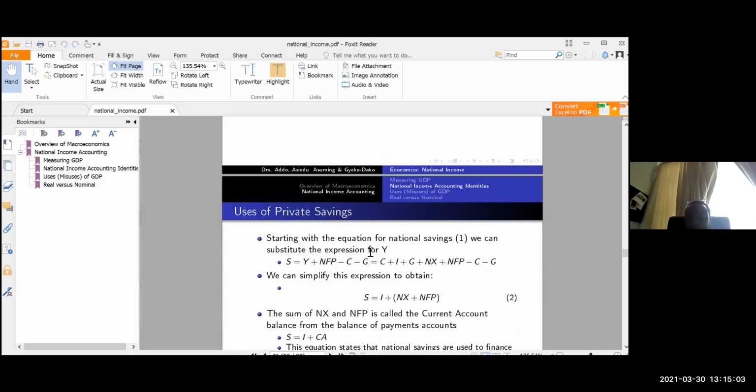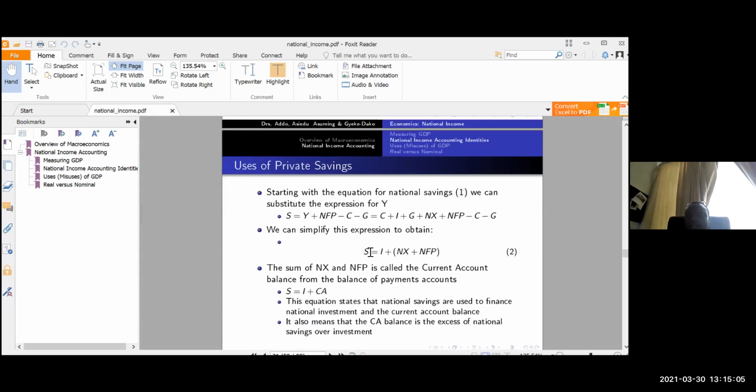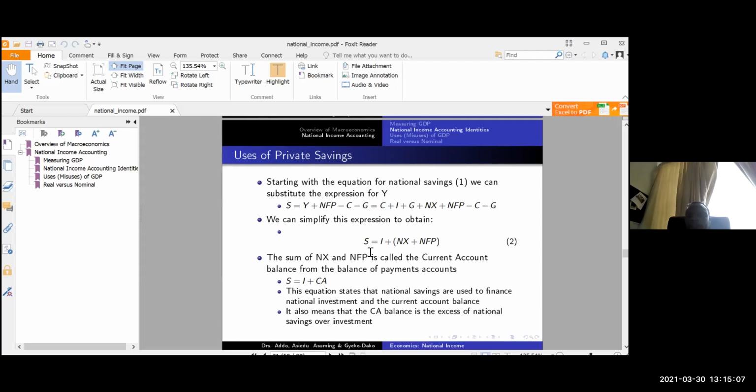To further simplify, the sum of net export and net factor payment from abroad, NX and NFP, is called the current account balance. So the current account balance for the country is basically the net exports and the net factor payment from abroad.